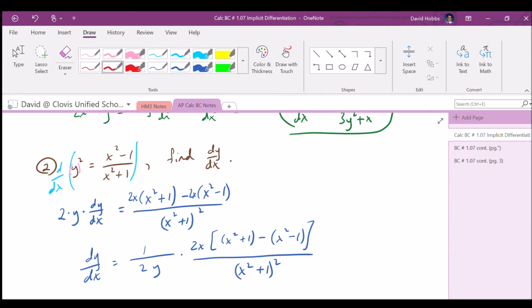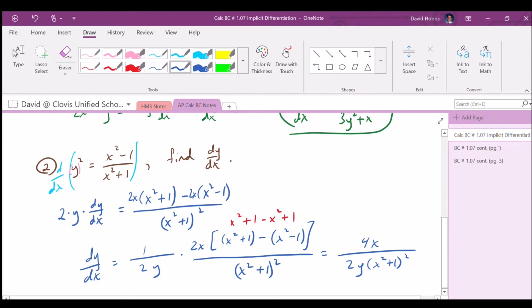And if we clean up the inside, we get x squared plus 1 minus x squared plus 1. So the x squared is going, we're just left with a 2 right there. So the inside is 2 times 2x. So we have 4x over 2y times x squared plus 1 quantity squared.